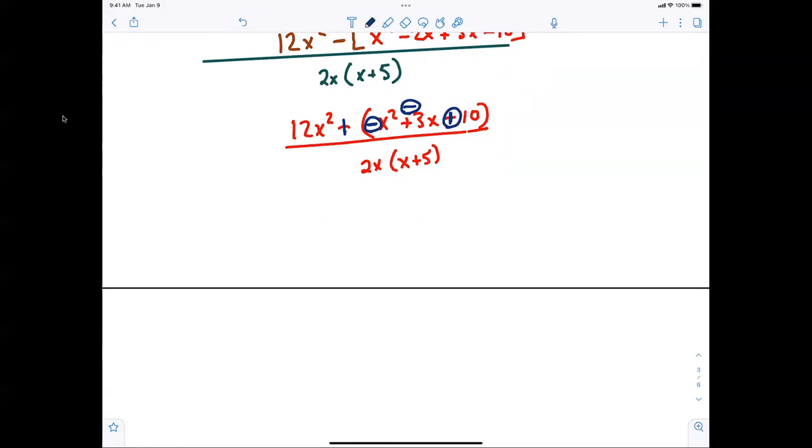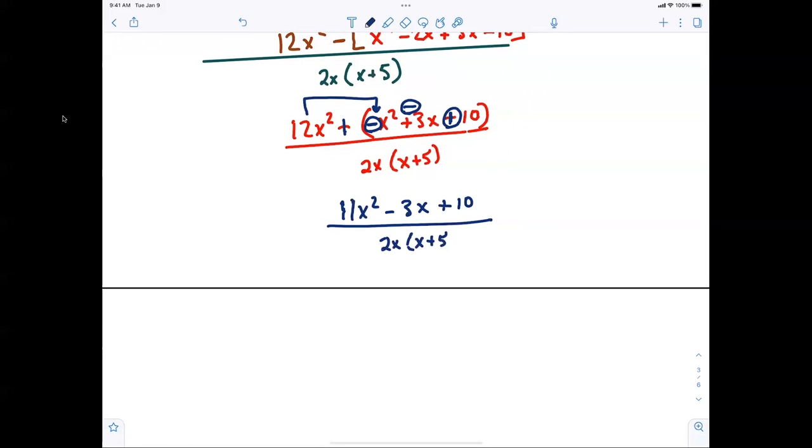So what is 12x squared minus 1x squared? Come on, wake up. 11x squared. Then negative 3x positive 10 over 2x times x plus 5.